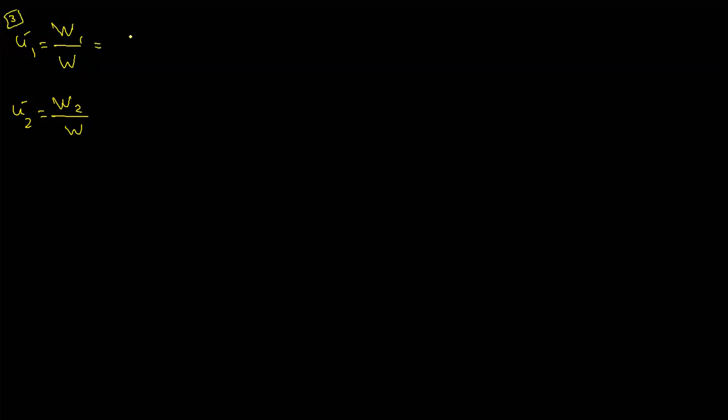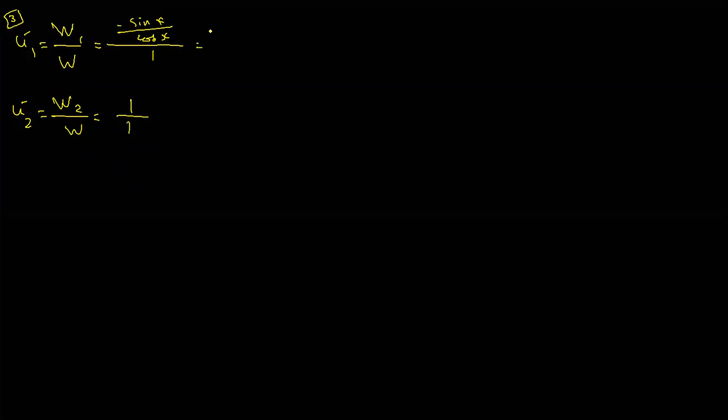W1 is negative sine x over cosine x, all divided by 1, and W2 is 1, so 1 over 1. So this is negative sine over cosine, which is tangent, you are right, and this is only 1.